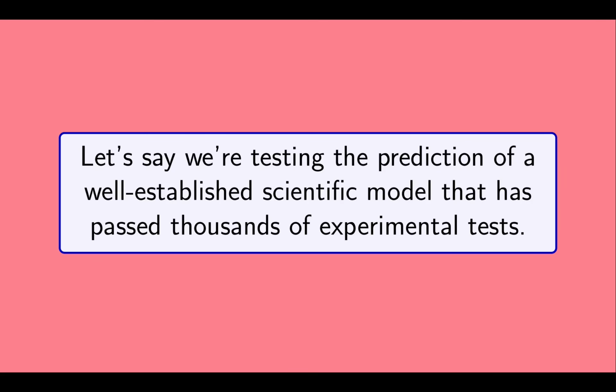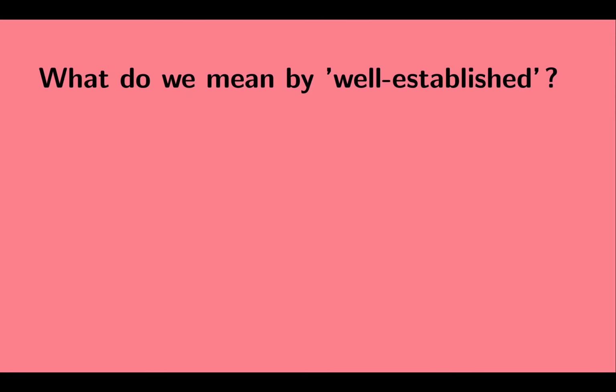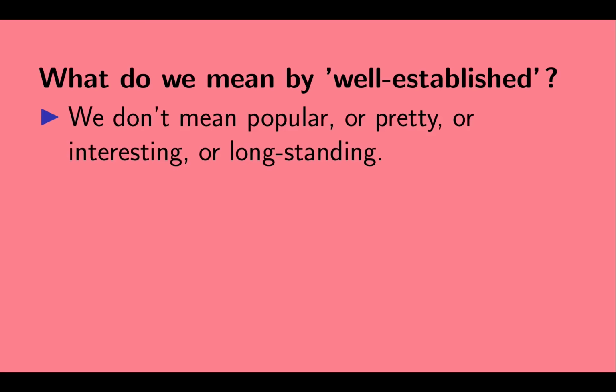Let's say we're testing the prediction of a well-established scientific model that has passed thousands of experimental tests. Let's start by clarifying, what do we mean by well-established? We don't mean that the model is popular or pretty or interesting or even long-standing.